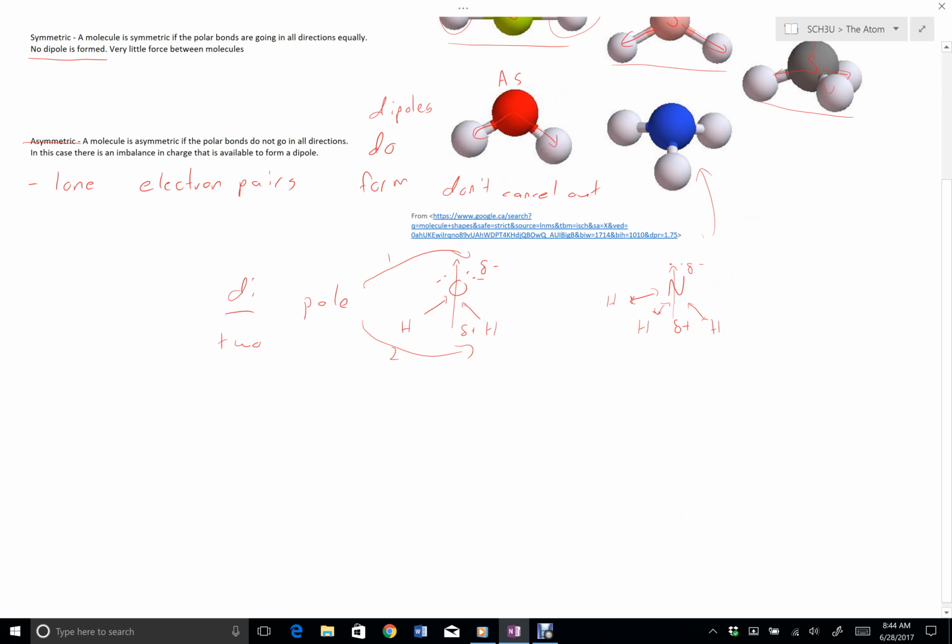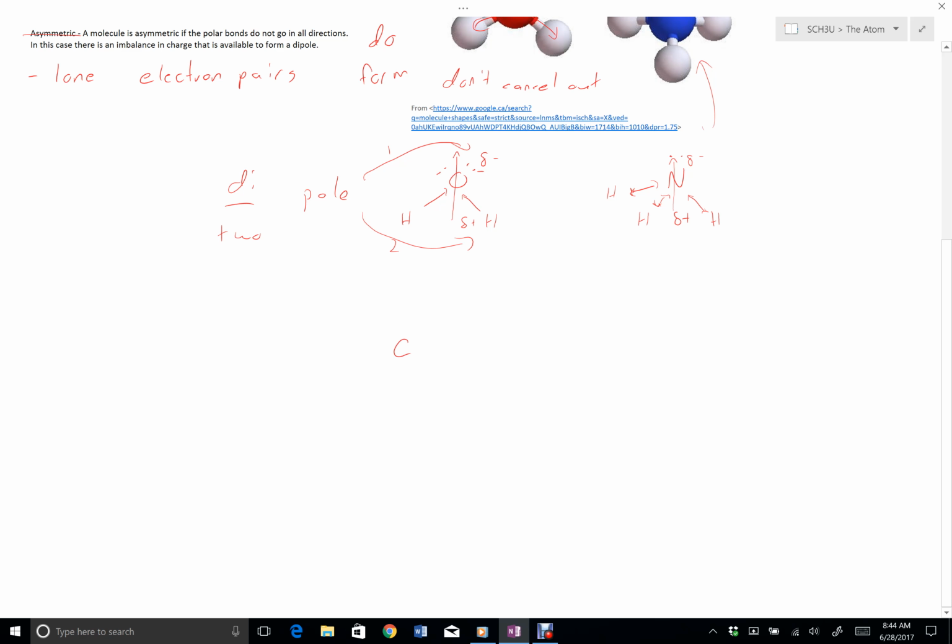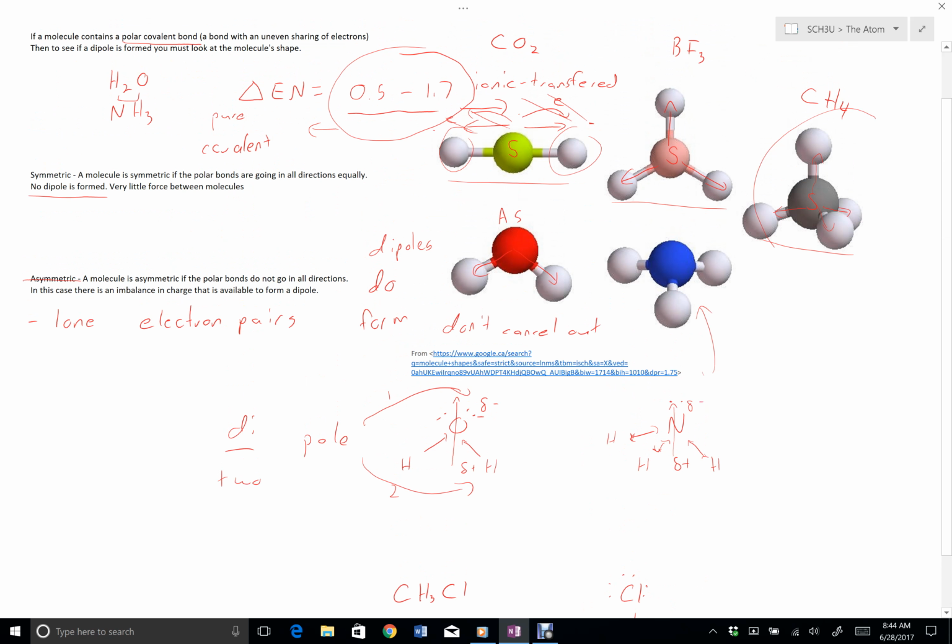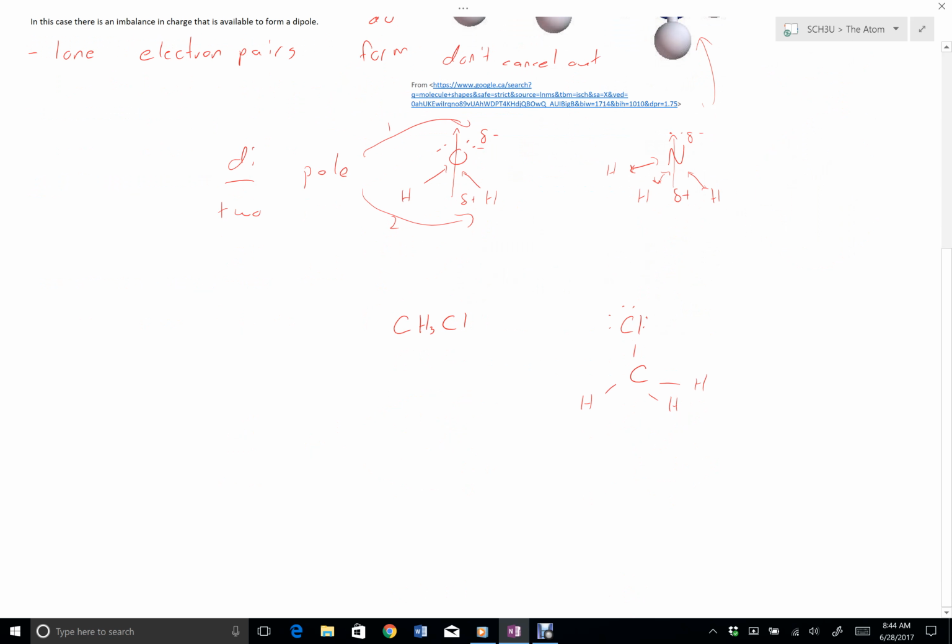One little exception here that's probably worth mentioning is something like CH3Cl, where this molecule itself has a symmetric shape, but because one of the bonds is different, the molecule isn't truly symmetric. So the shape is symmetric, but the atoms are not symmetric.